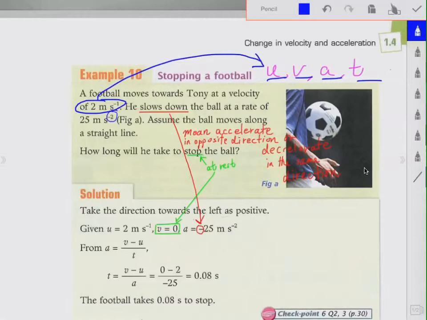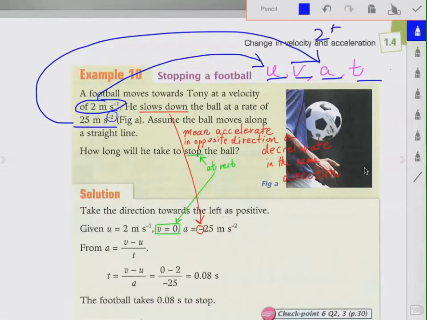Then he slows down the ball at a rate of 25 meters per second squared. You can see the unit per second squared here, meaning acceleration. Remember, don't write down 25, because the ball is slowing down. Slowing down means the acceleration is in the opposite direction, so we have to put a negative sign here.